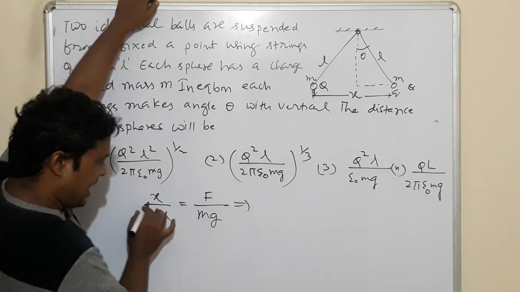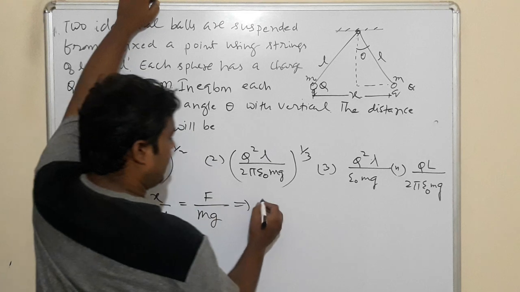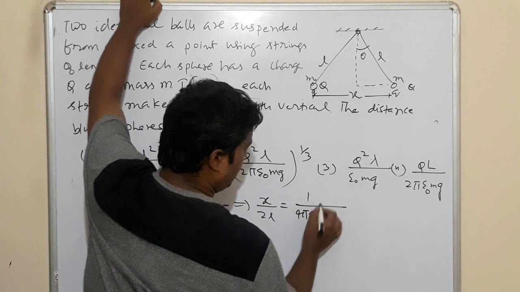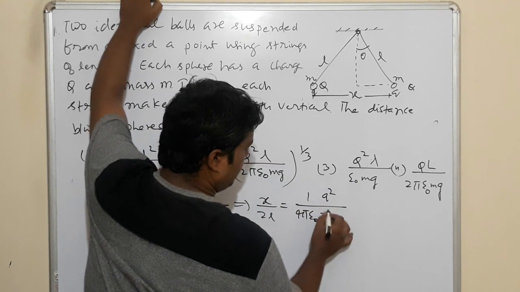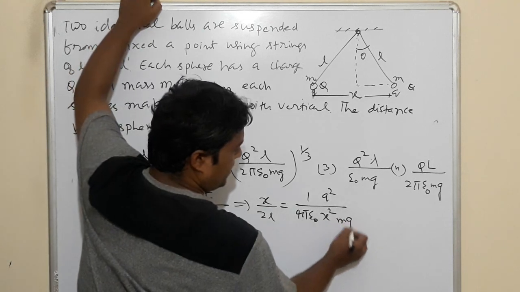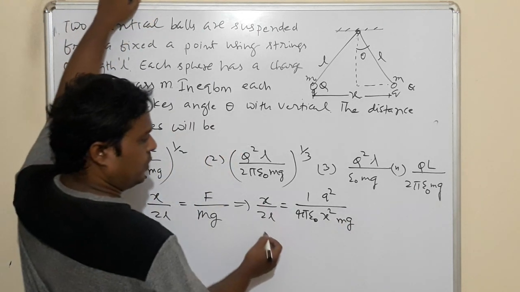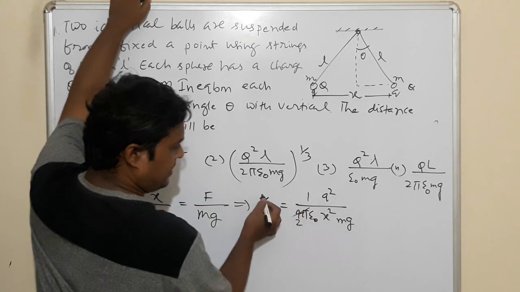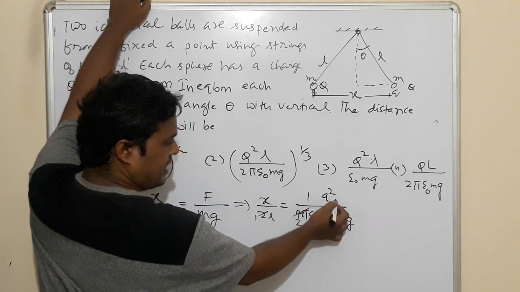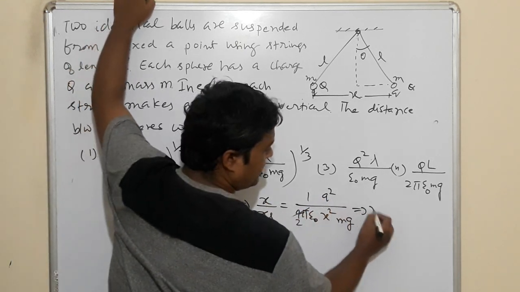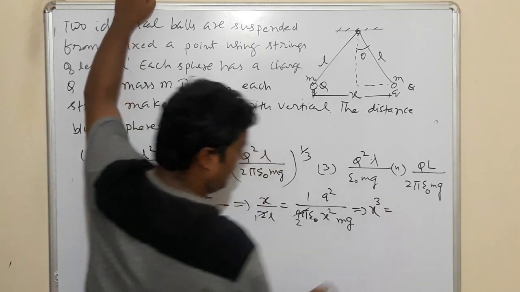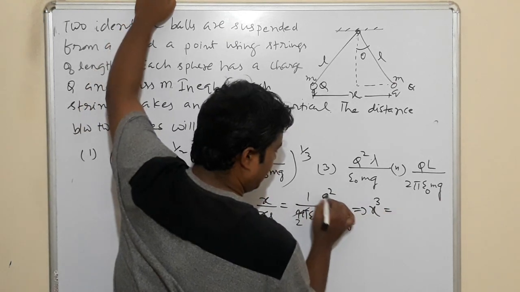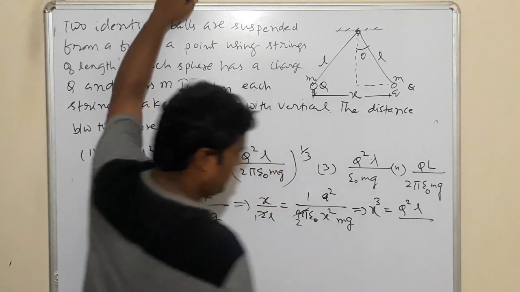Then if I want to find this x, I should substitute q here. Then x by 2l is equal to f by mg, which is 1 by 4 pi epsilon naught q square by x square into mg. The 2s and the 1s cancel. Then this x will come here and this L will go this side, which implies x cube.